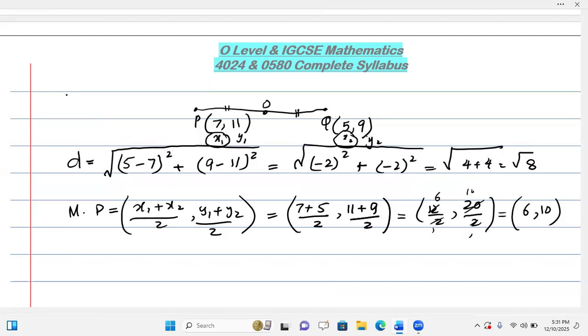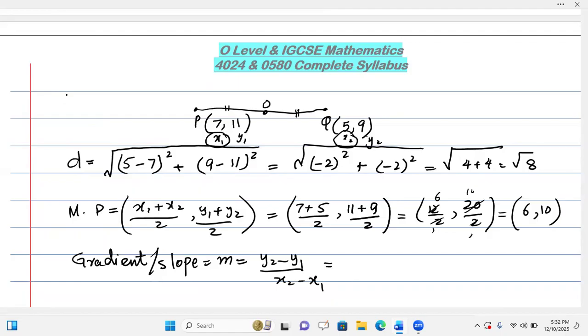On number 3, I will say go to gradient calculation. So for gradient, or slope, or calculating m, it is y2 minus y1 over x2 minus x1.